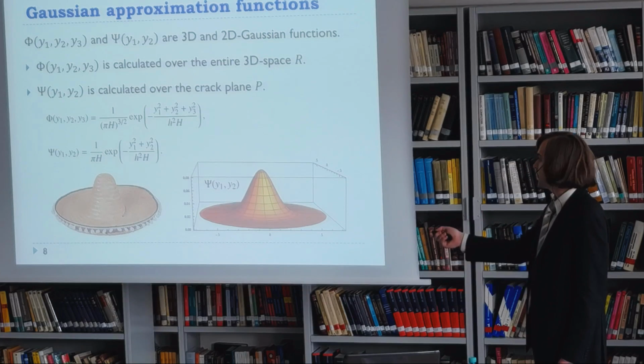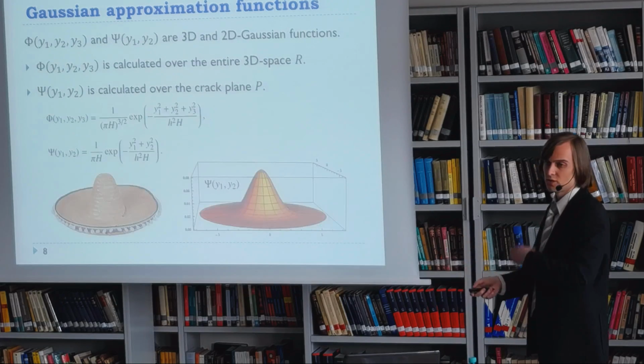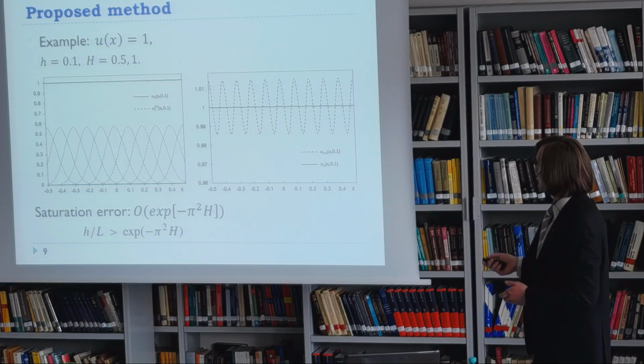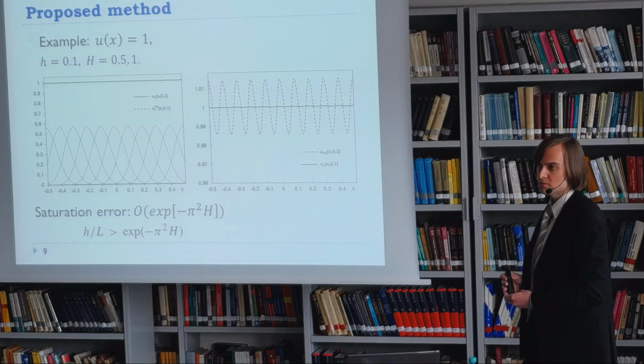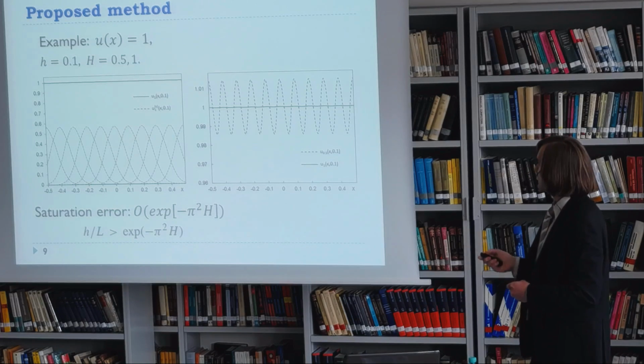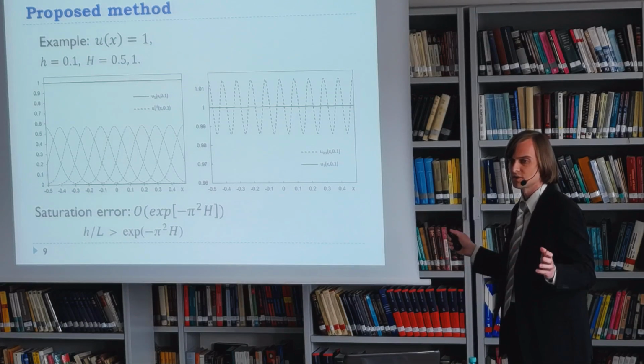What happens if we take these approximate solutions and we substitute them into our integral equations? Well, we're going to see it a bit later, but as I have mentioned, there's a problem here with the Gaussian functions. So first of all, let's see some quick example of Gaussian approximation. Well, this is the simplest example of a function that is equal to 1. Let us approximate it with Gaussian functions.